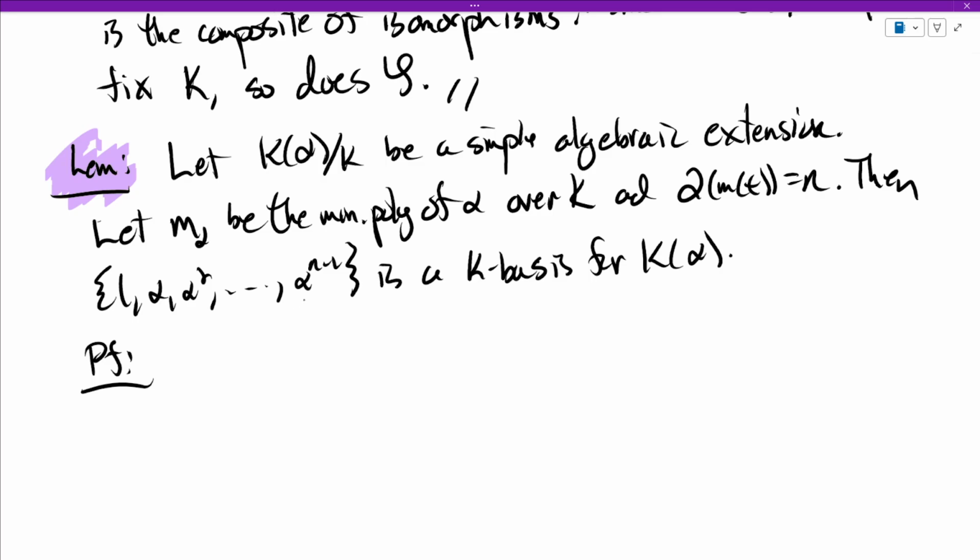So proof, let's see, by one of our theorems, well, let me just say it this way.